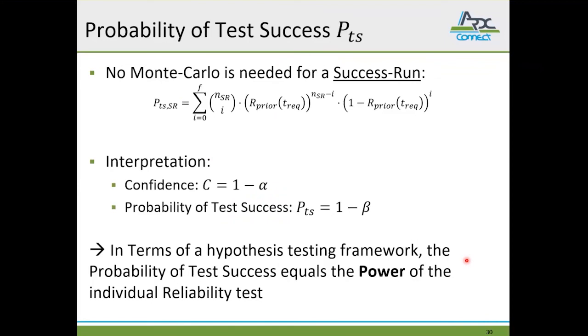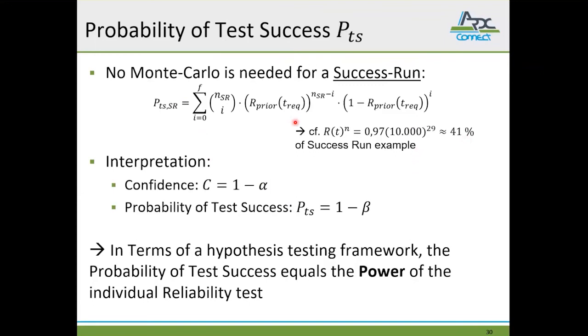So like Martin already mentioned, for a success run, the chance of success, so the probability of test success, can easily be calculated by the binomial approach. And the example Martin showed you, it was about 41% chance of success.